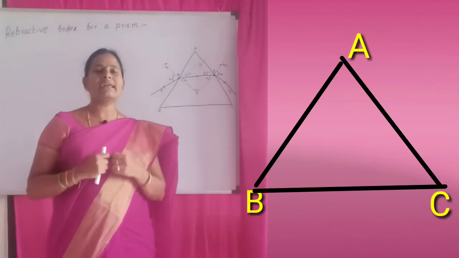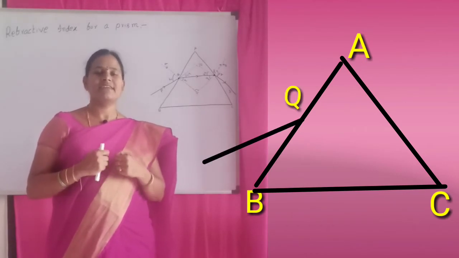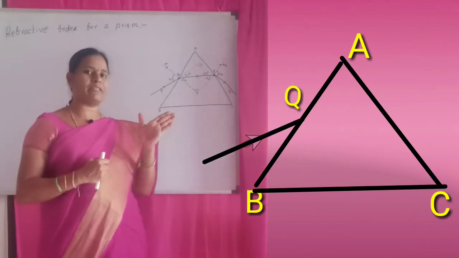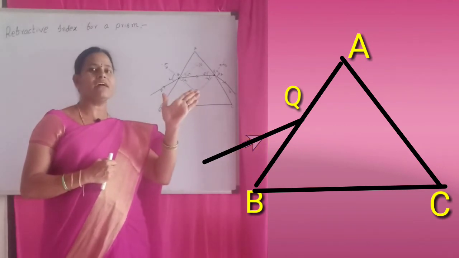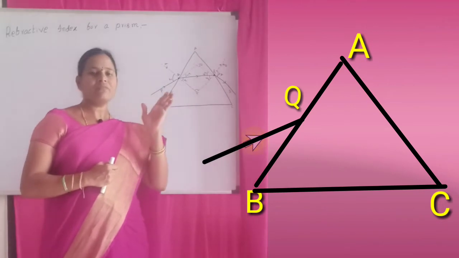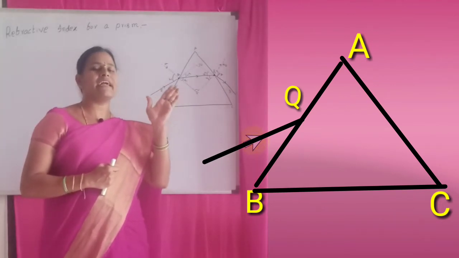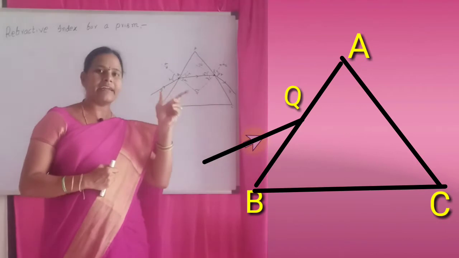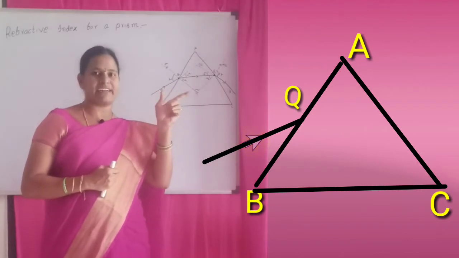Consider a ray of light traveling from the left side of the prism and falling on the prism at one side, the side AB. When it touches at the point P, it will be refracted. Why?